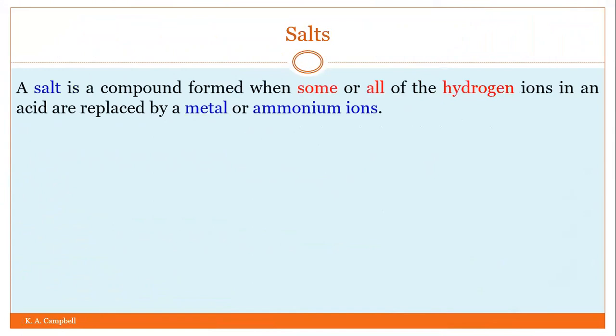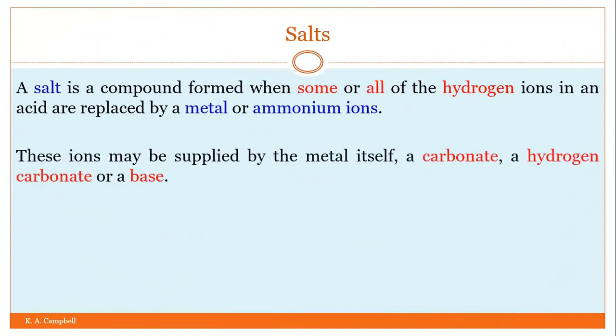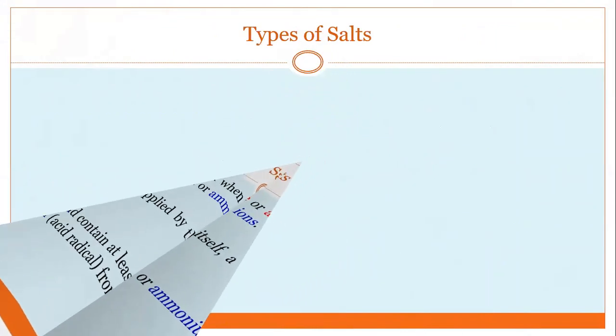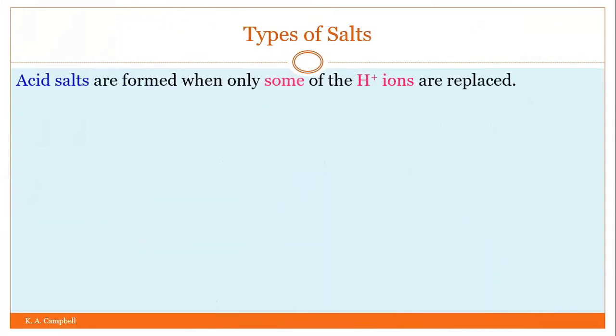We're just going to go through. A salt is a compound. We know that when it's formed, there are ions. Now the types of salts. You have acid salts. Acid salts are formed when you have an acid that contains 3 hydrogens, like H3PO4.